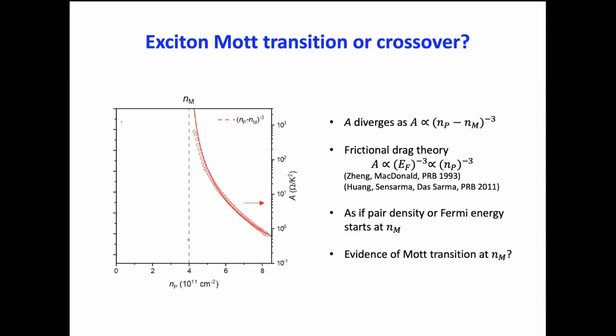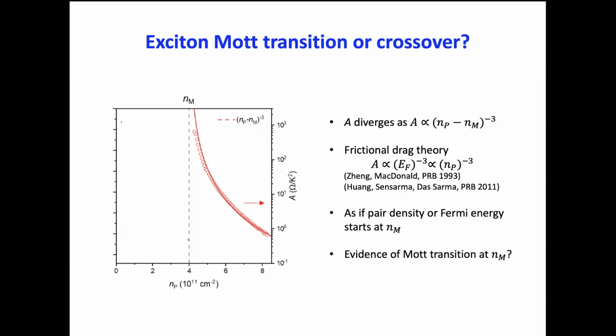And there are frictional theories. Actually, Shankar, you have a theory, and Allan also has a theory, saying that the A coefficient should scale as 1 over the pair density to the cube power. In that case, it would diverge only at 0 pair density. So it seems that this experiment suggests there may be a quantum criticality around this Mott density, and there is something that gets reset in this power law dependence: we should not measure the pair density from 0, but instead from the Mott density.